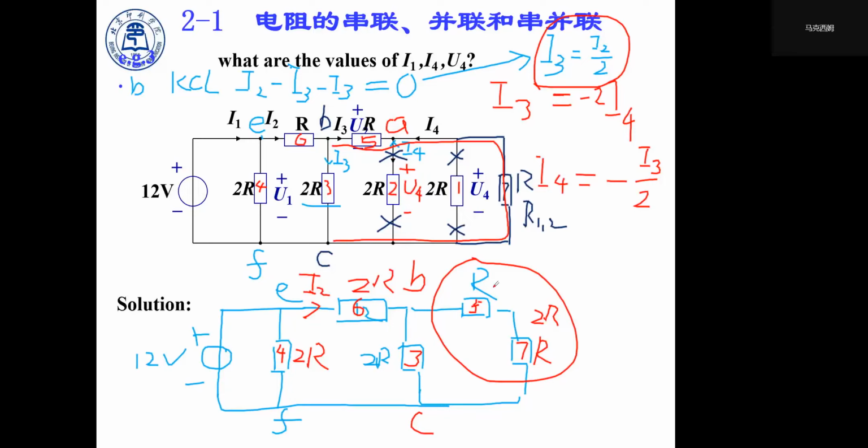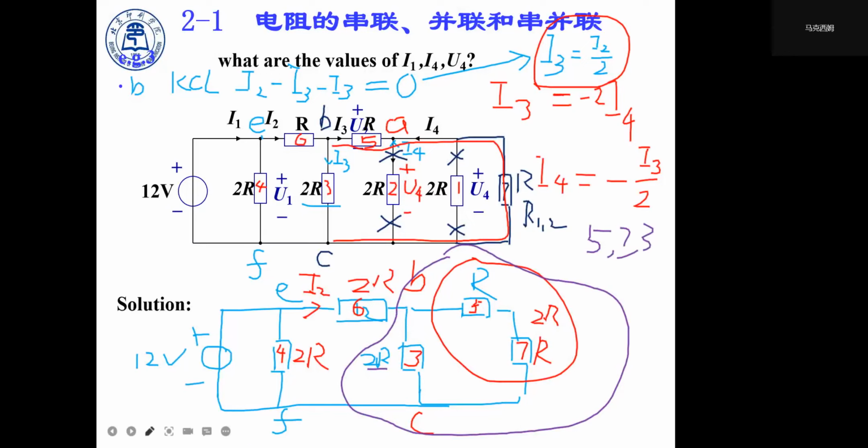And we can see from the calculation, by using the transformation of parallel resistors, that we still have two branches of 2R resistors in parallel. So together they could be changed into one single resistor, right? So we replace those three, 5, 7, and 3.